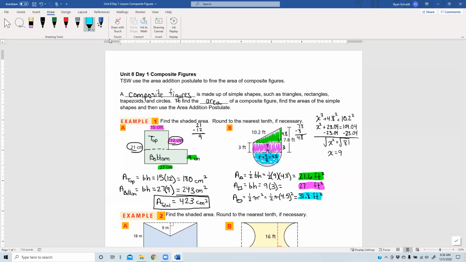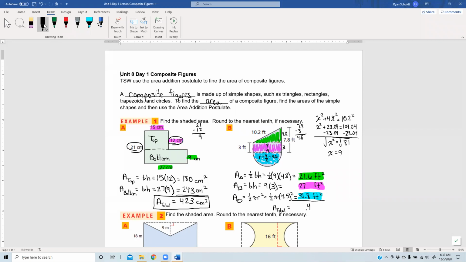So now we found all 3 pieces. So to get the total, you just add them up. We add all of these up. Let's see, that's going to be a 14.